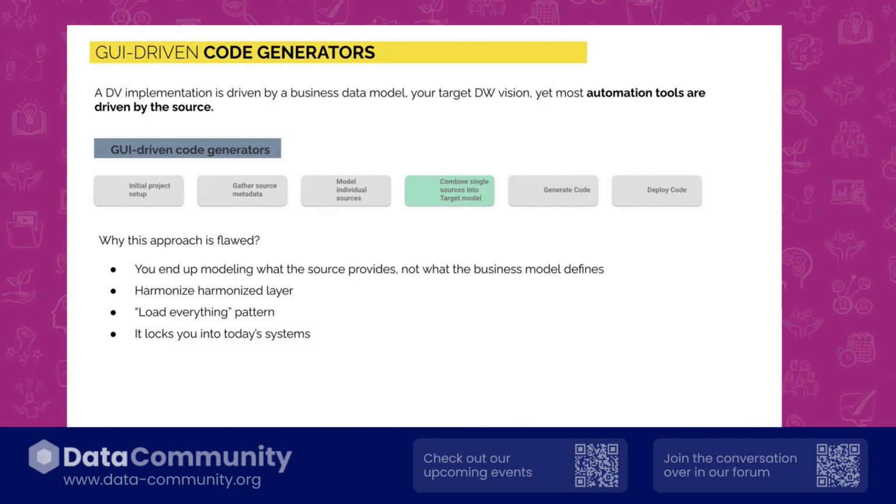Another pattern which goes quite often with GUI-based generators is that when you load your source, there is an implied logic. And by that I mean if you create a hub out of a table, your satellite might get generated out of the box. It sounds like good automation, but in the end, what might happen is that you overlook big tables, like some of the SAP tables having hundreds of columns.